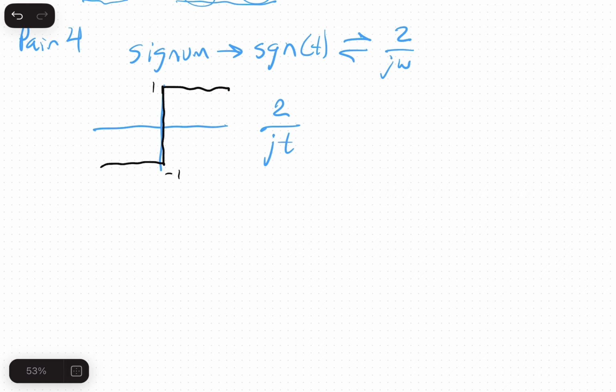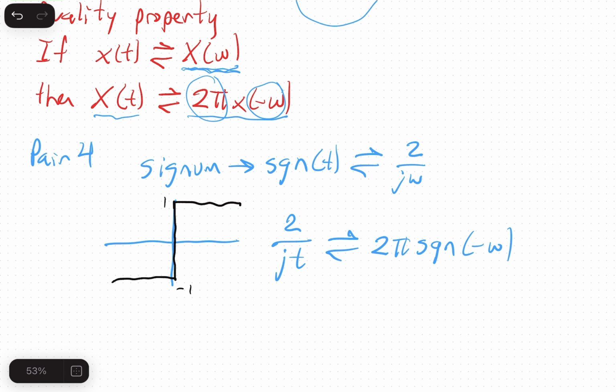So instead of omega, I flip to t. What this is saying is that 2 over jt, its pair is going to be 2 pi signum of negative omega. That's what the duality property is stating, okay?